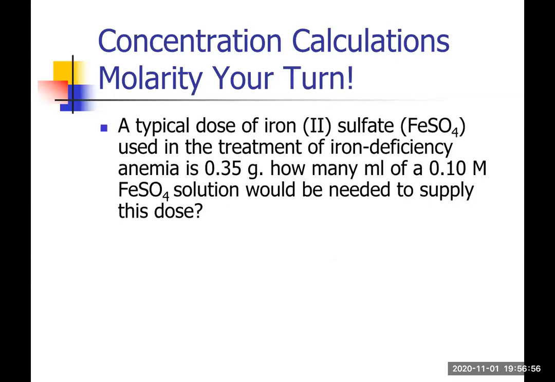Okay, so let's look at this problem. A typical dose of iron 2 sulfate used in treatment of iron deficiency anemia is 0.35 grams. So if we start keeping track of what the problem's giving us, then we have 0.35 grams of FeSO4.